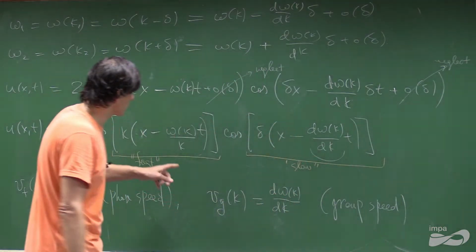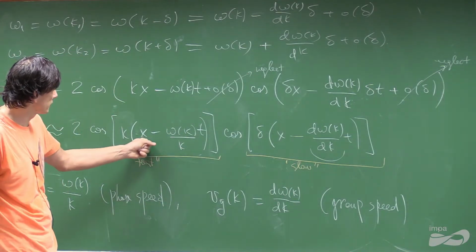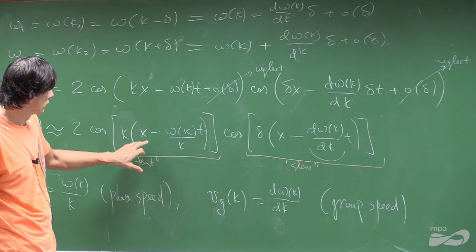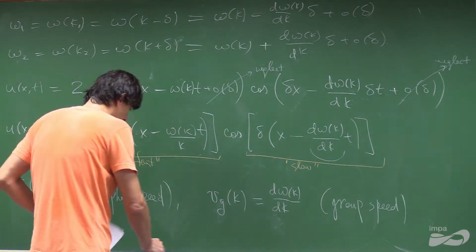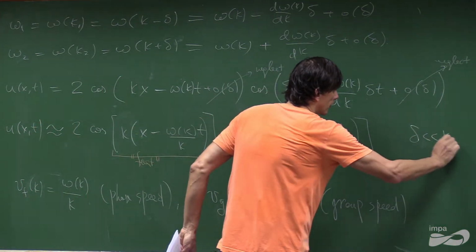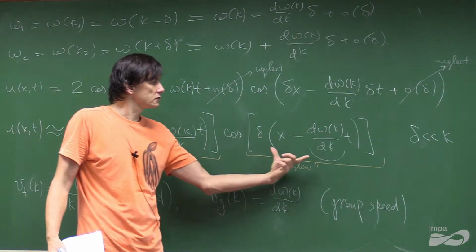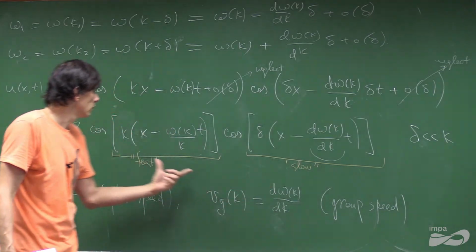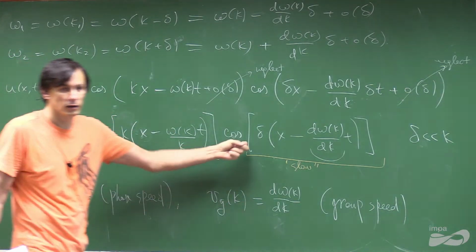And you can see that the arguments are very similar, at least in x dependence. One is x multiplied by k, another is x multiplied by delta, and we assume that delta is much smaller than k. It means that since delta is very small, the argument of this cosine will change slowly, and the argument of this cosine will change fast, just because the prefactors are very different.